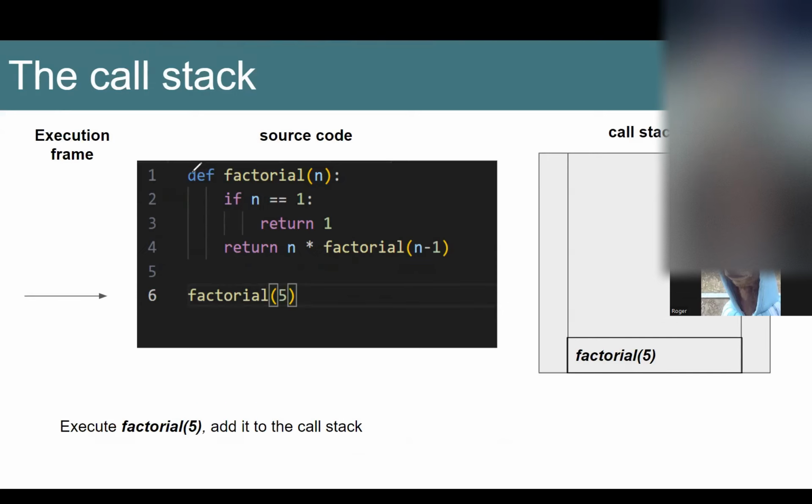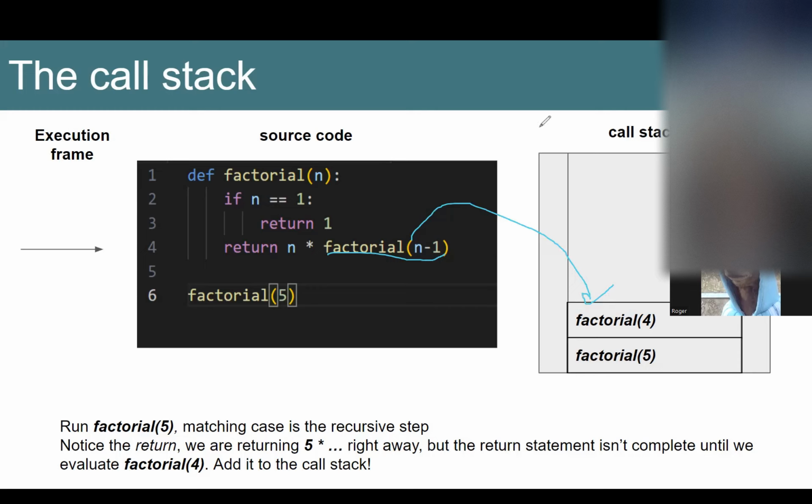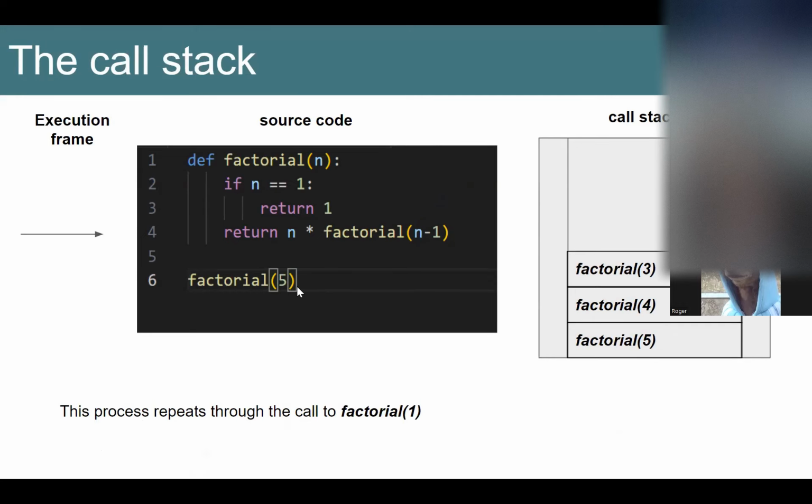Now, what is factorial 5? By running factorial 5, we check: is n equal to 1? No. So we run n, or 5, times factorial of n minus 1, or factorial 4. Factorial 4 is a function call. Function calls get added to your call stack, so this gets lopped on here, as shown in the graphic on the right. Now we have to evaluate factorial 4. Is 4 equal to 1?